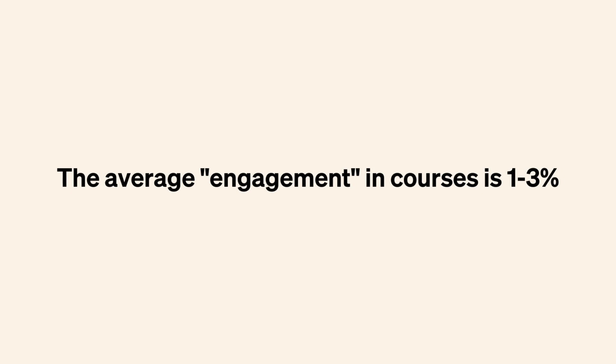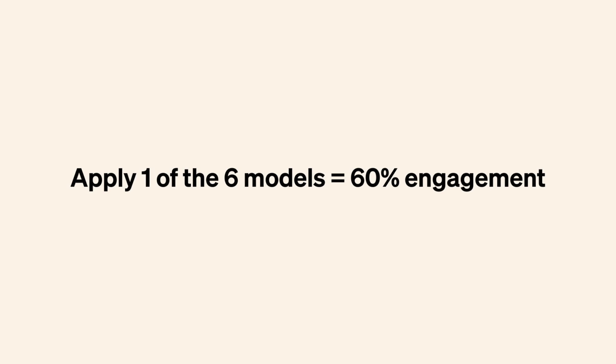That's on average across all courses in the adult learner space, not like back in high school or university. But adult learners, it's about 1 to 3%. When we actually implement one of the 6 experience or membership models with our customers, we find that we can get an average engagement of 60%.